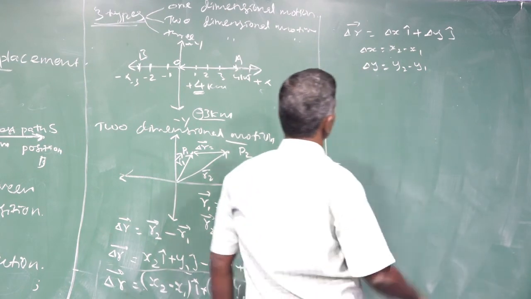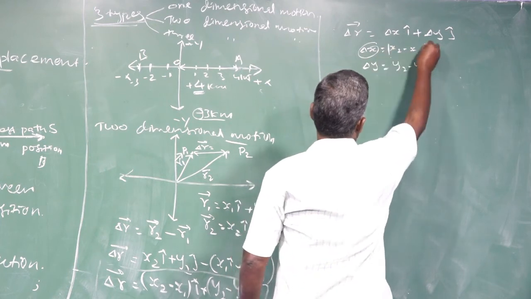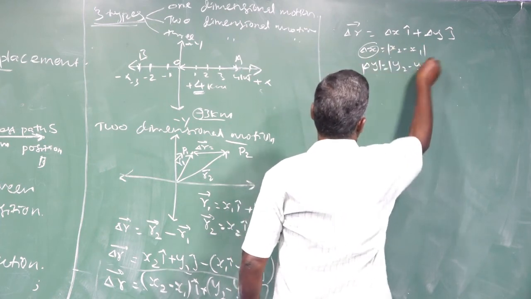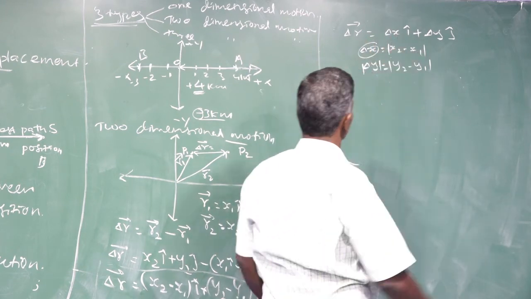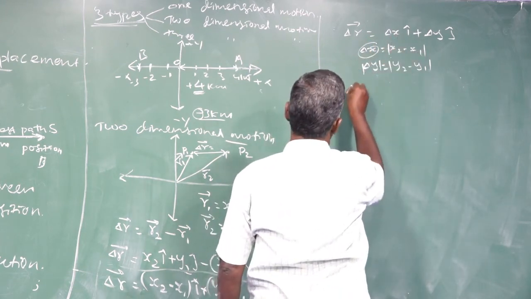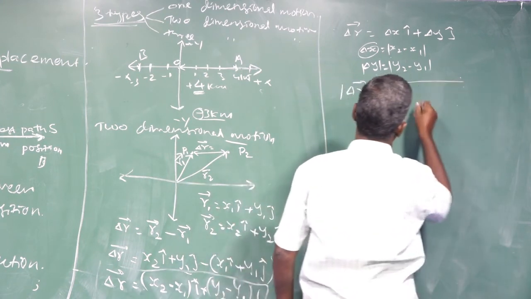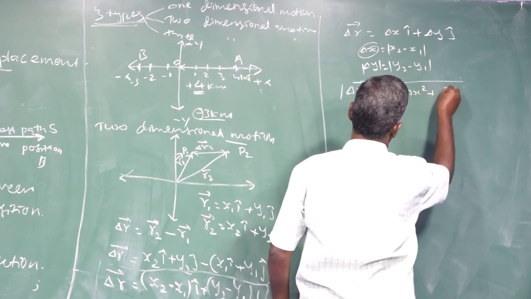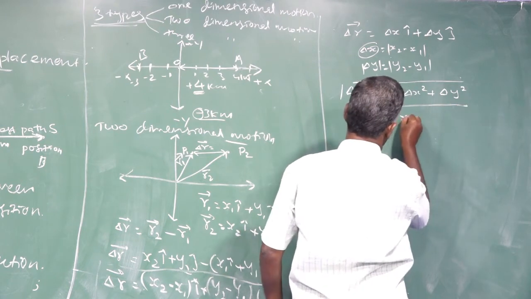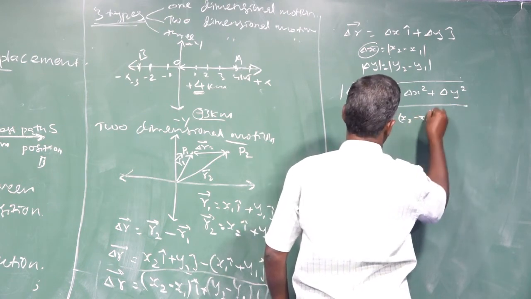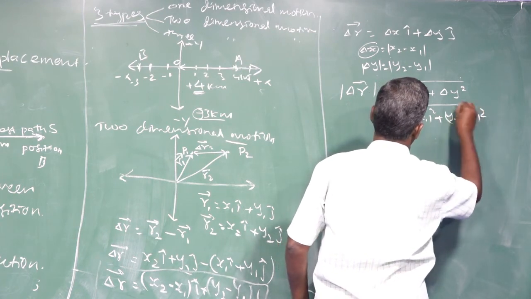The magnitude can be taken in modulus form, since the vector contains both direction and magnitude. Magnitude only means take modulus on both sides. It is the square root of del x square plus del y square. Otherwise we can use the equation: square root of x2 minus x1 whole square plus y2 minus y1 whole square.